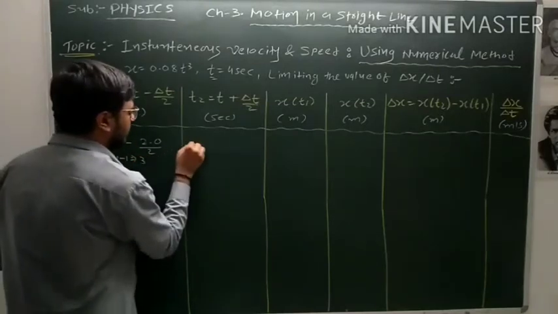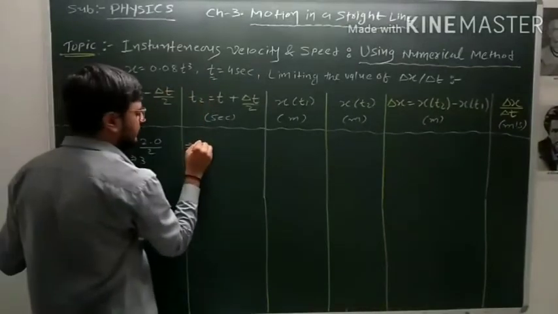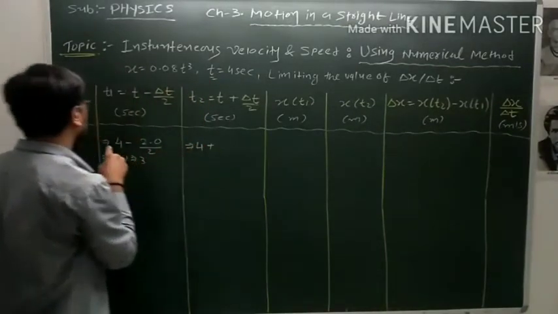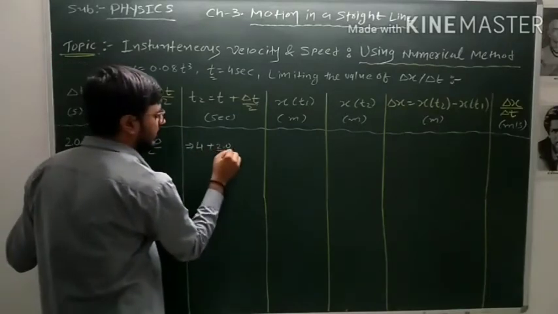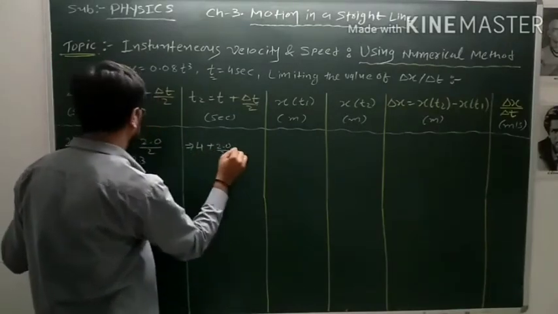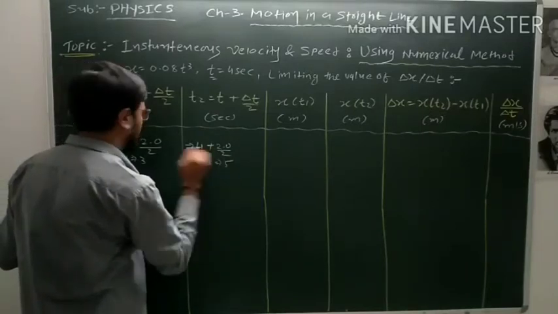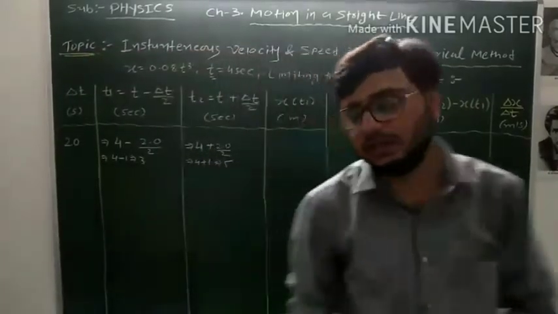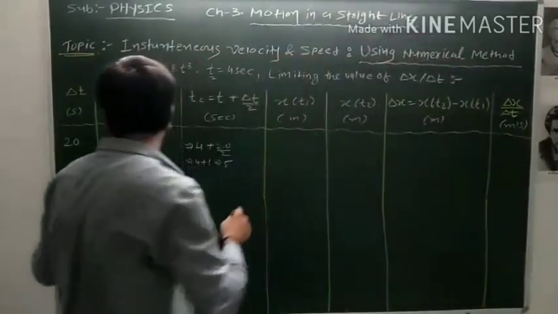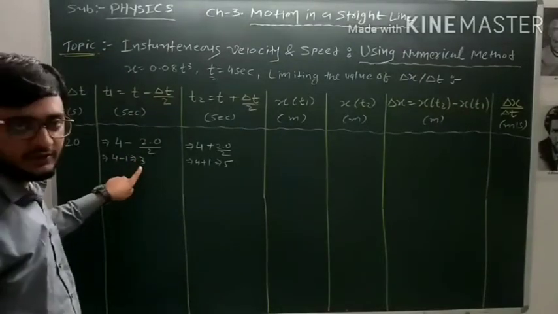In the same way, t equals 4 seconds plus 2.0 divided by 2, that is 4 plus 1, which is 5. Similarly, x at t1: we put the value of t1 in this equation. So t1 is 3.0.